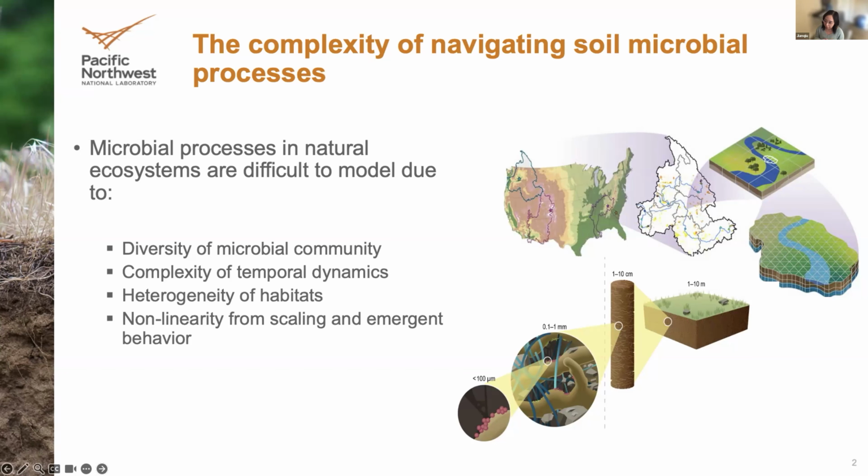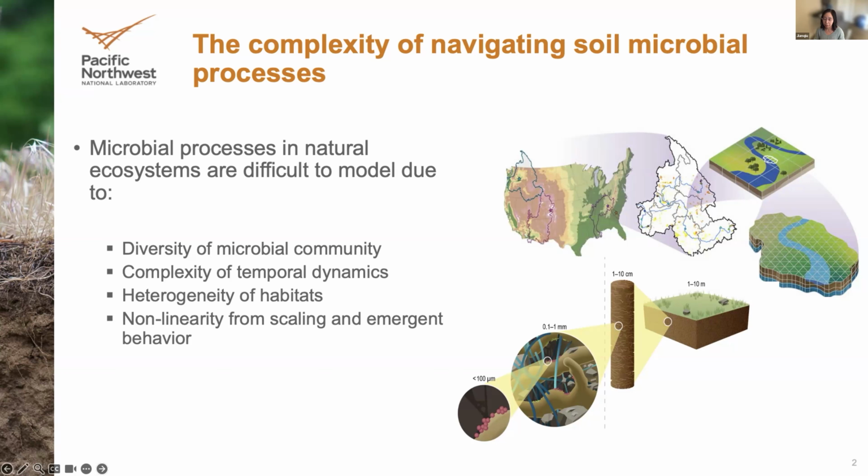The other aspect of this heterogeneity comes from the fact that a lot of those measurements are point measurements. You can characterize or measure a rate at a given soil sample at a given location and point, but for the ecosystem context, a lot of times we want to expand that understanding to a soil core, or even to a regional level.